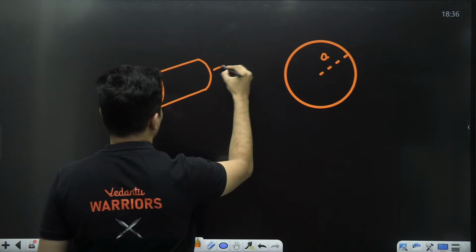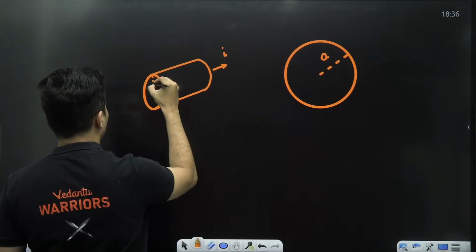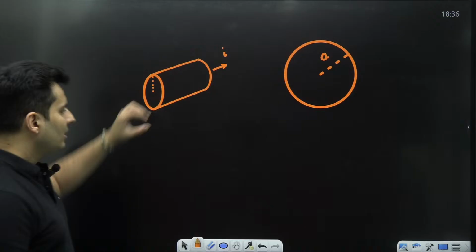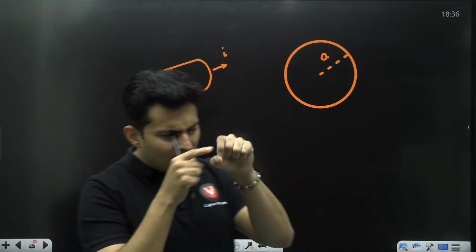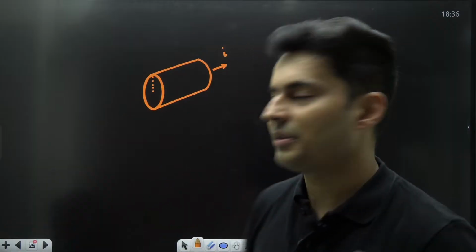It might be carrying some current like this. This is that particular radius. It's a long cylindrical wire. Usually our wires are thin, but even this pen also has some thickness. It also has some cross section.